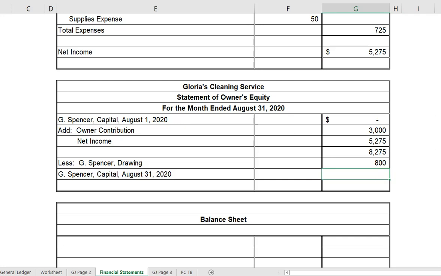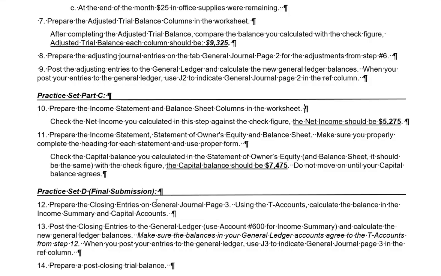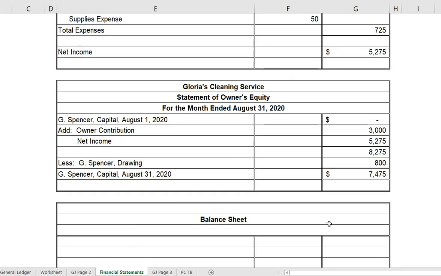And it is, okay, $7,474. Now remember, our instructions gave us a check figure. So here it is. The check figure for capital should be $7,475, and that's exactly what we have.